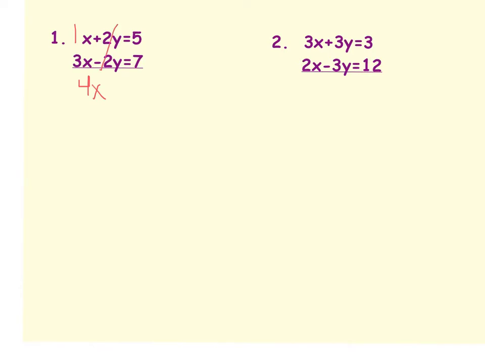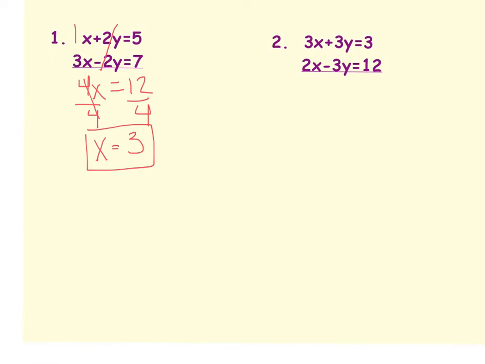Our y's are going to cancel, equals 5 plus 7, which is 12. Then divide both sides by 4. X equals 3.